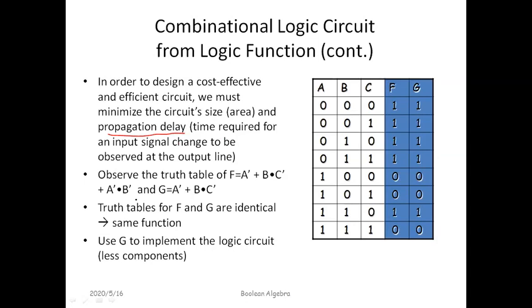Then, from this truth table, we can observe the results: F is equal to A bar plus B dot C bar plus A bar dot B bar, and also G is equal to A bar plus B C bar.